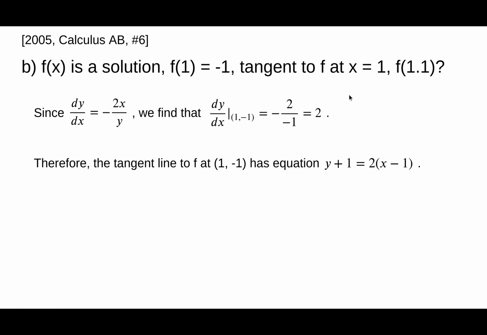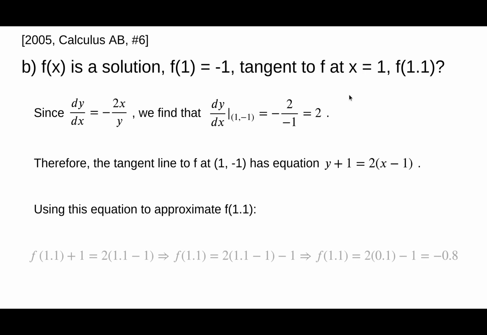Now to approximate f of 1.1 using this tangent line, we're going to replace y with f of 1.1 and then solve it for f of 1.1. We don't actually know f of 1.1, but we do know that x is 1.1, so I can put that in as well.